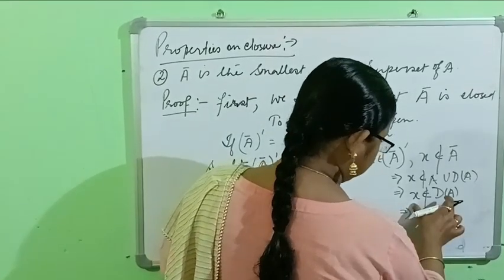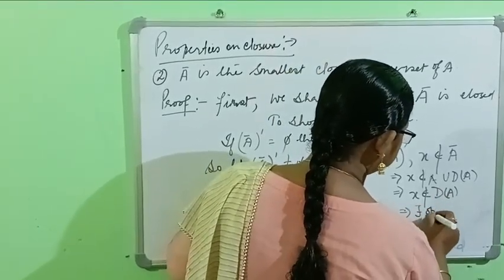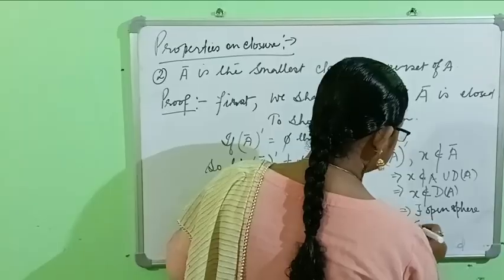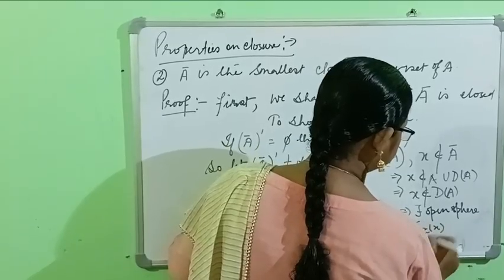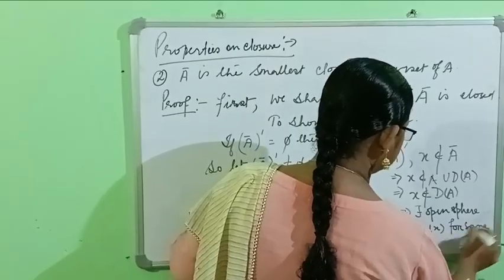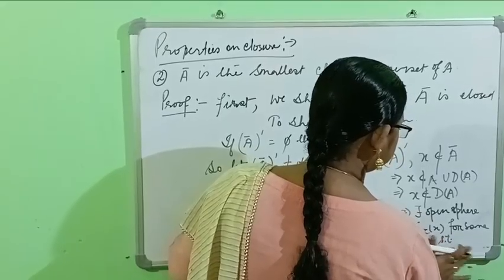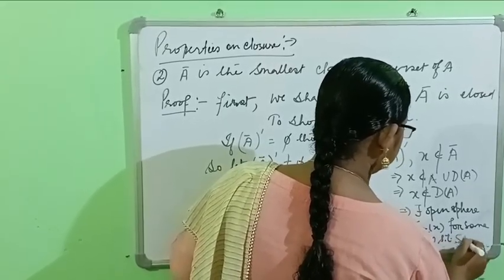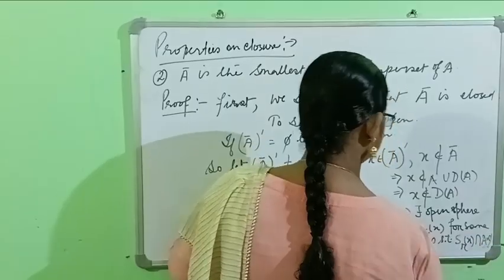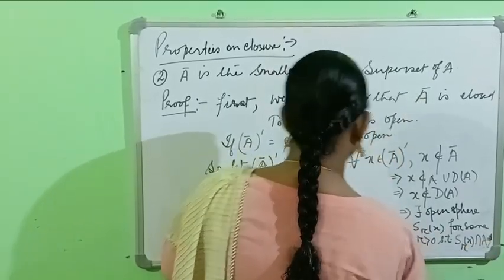Then by definition of limit point, we will get some open sphere S_r(x) for some r greater than 0 such that S_r(x) intersection A is empty.